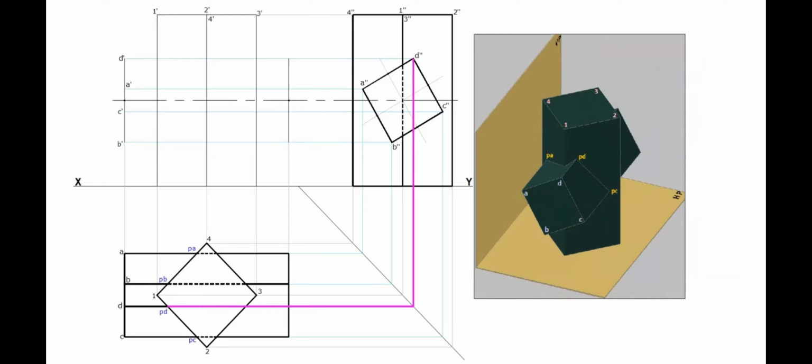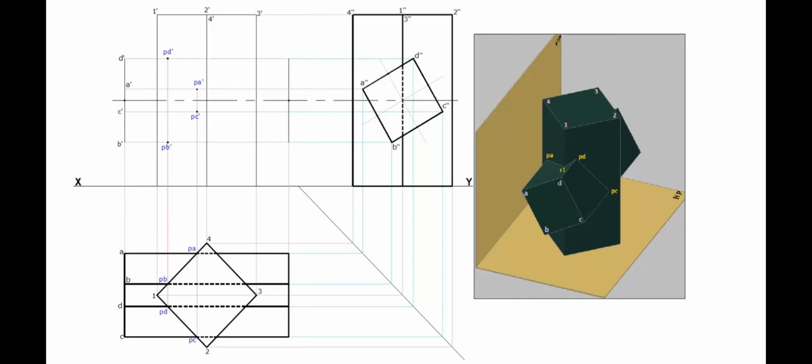Longer edge B, in the plan, must be fully invisible. Project these points to the elevation. Find out the corresponding points in the elevation: PA dash, PB dash, PC dash, and PD dash.